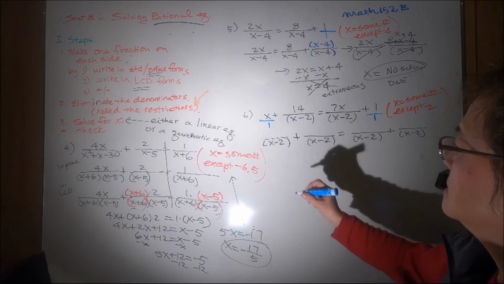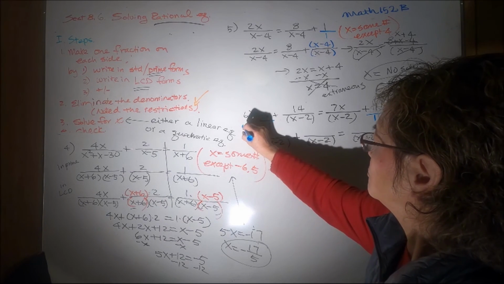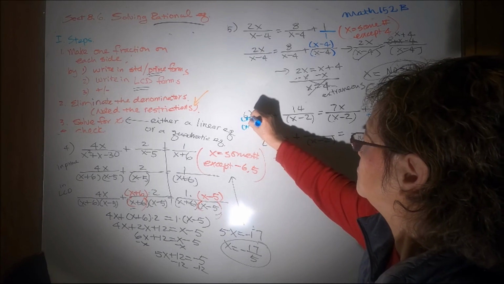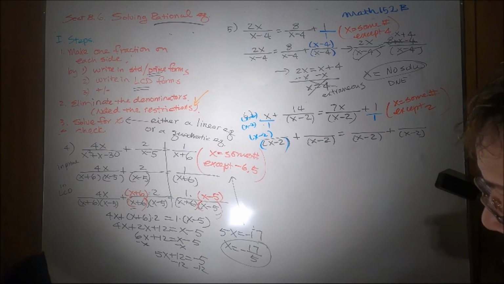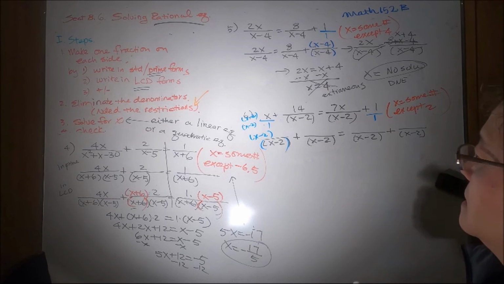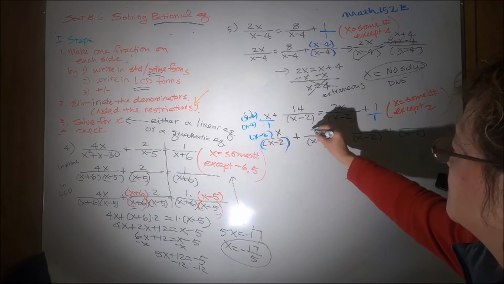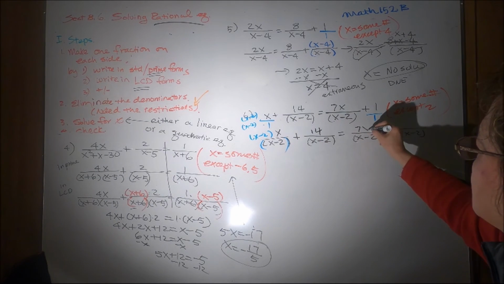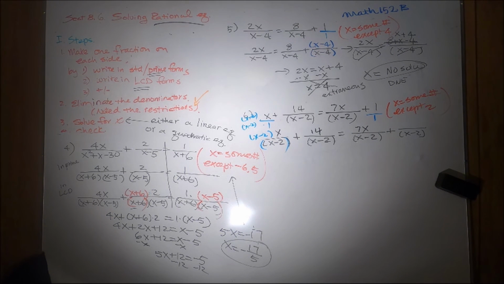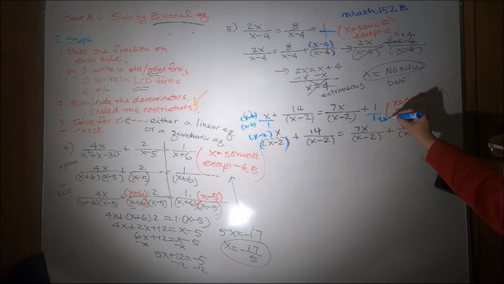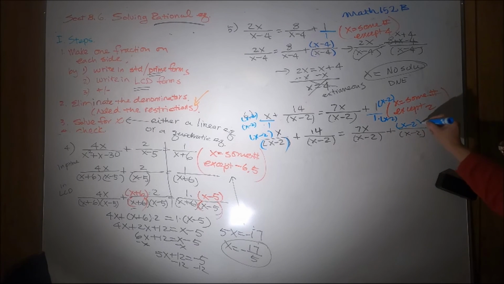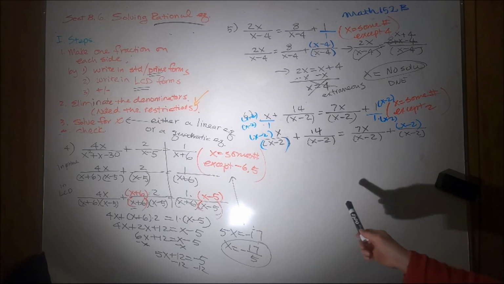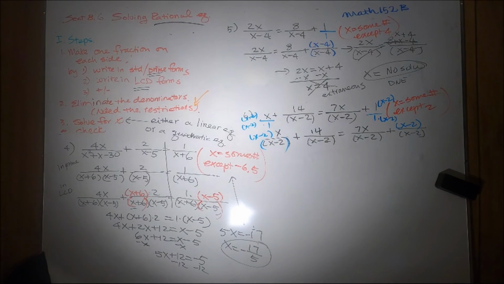So this one, it was 1, so you need to multiply by x minus 2 on both, right? So that's extra. Then you multiply by x minus 2. Then this one is 14. This one is 7x. And this one you multiply both numerator and denominator by x minus 2, right? So we write it in prime forms.